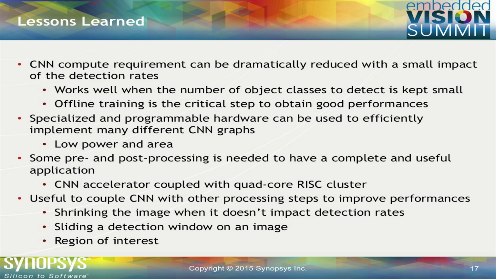However, to have those good results, the offline training that you will do is still a critical step. And this training, you will still need to do with a good compute farm to try many different scenarios and test them out.